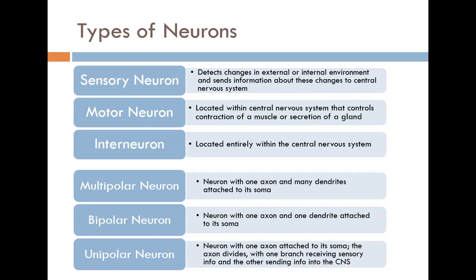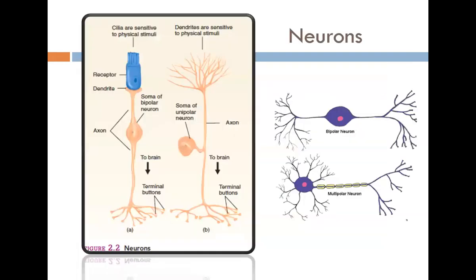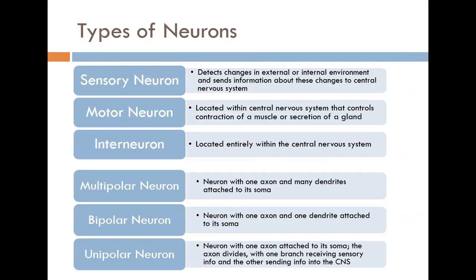And then we have here, and I'm going to show you what these look like in just a minute. So a multipolar neuron, all of these look different from one another, okay? And generally, when we give you a neuron, we're giving you the easiest picture that we can find, which is usually a motor neuron, of how to identify the parts of a neuron. So a multipolar neuron has one axon, okay, and lots of dendrites attached to its body. So this is a multipolar neuron.